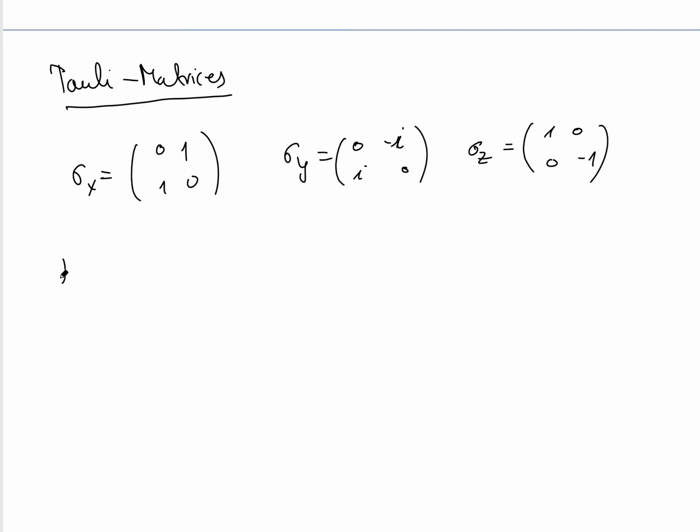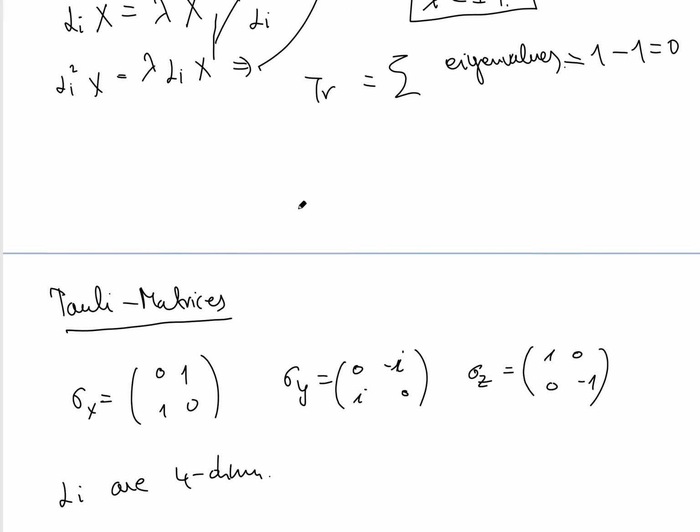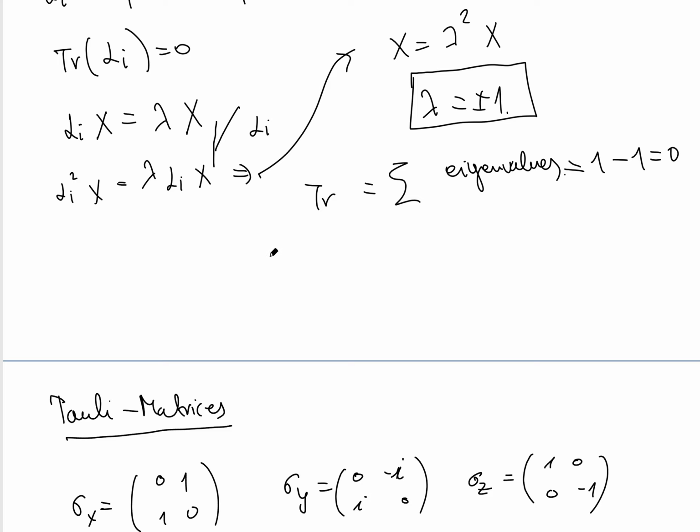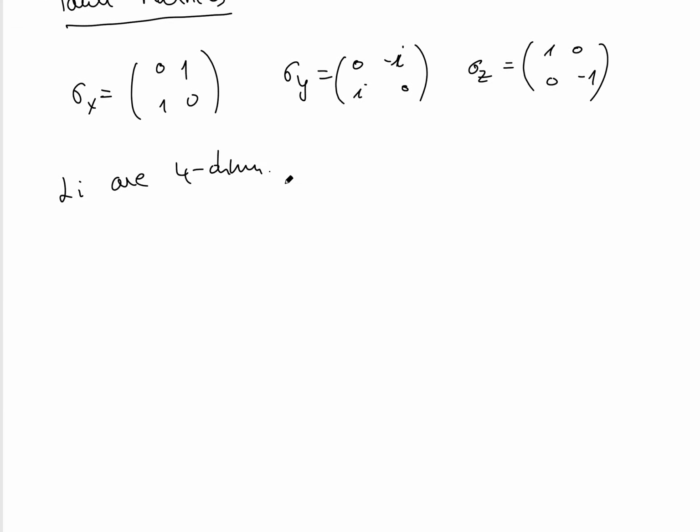So alpha i's are four-dimensional matrices. One thing also: alpha i's should be in even dimension, so it cannot be in odd dimension. Alpha i's are 4-dimensional, since the smallest dimension after 2 is 4. So we can build these alpha i's in terms of these sigma x, y, and z, and the general form of alpha i is 0, sigma, sigma, 0.